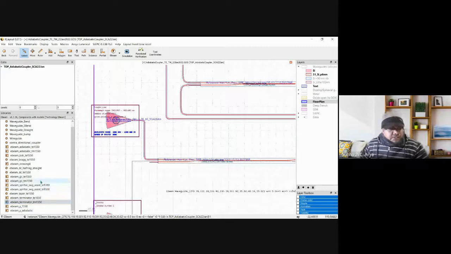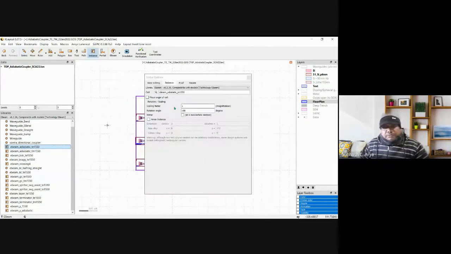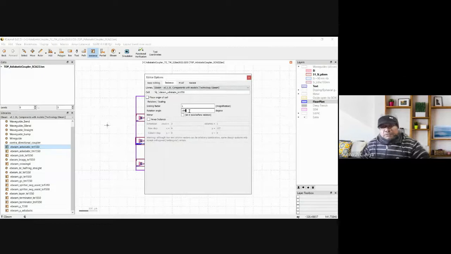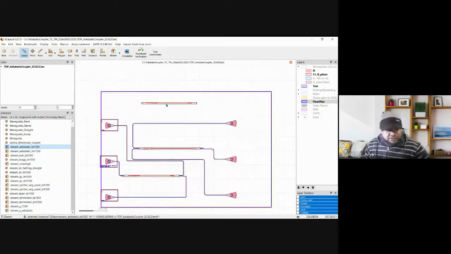Okay, if it is not that, I will take the adiabatic coupler from here and put it somewhere here. TE mode, it is 0 degree. And here just click and select it now easily.